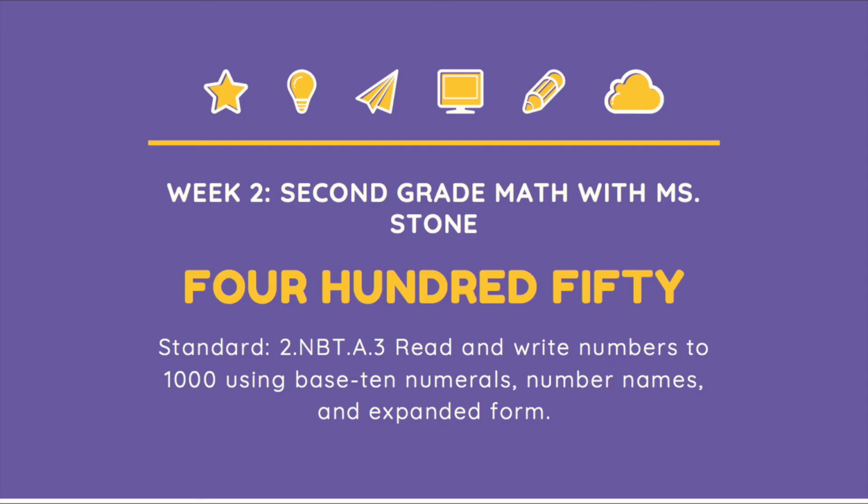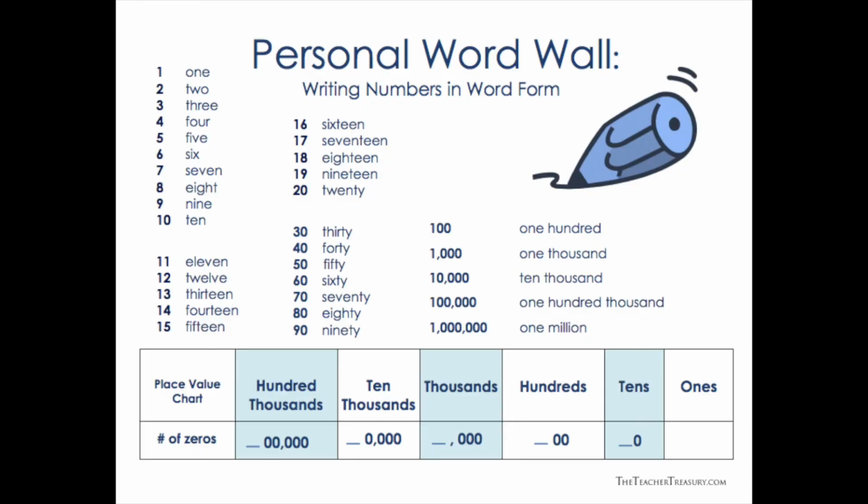So now we should have 450 written on our piece of paper, and it should look like this. All right, great job so far.